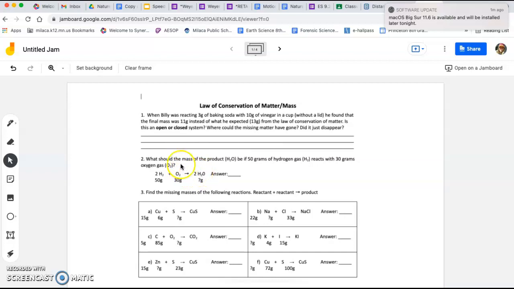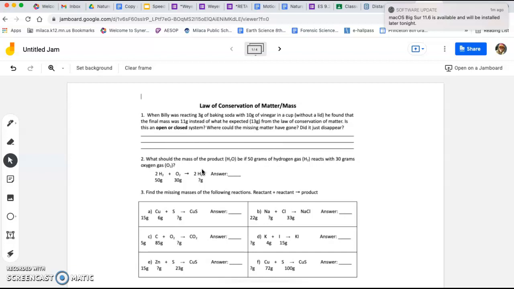So remember again, however much mass or matter I start with is also what I have to end with. Now think about an open system. An open system is different. You can think about a classroom with its doors wide open. People could come and go as they please. The same is true for an open system in a chemical reaction.